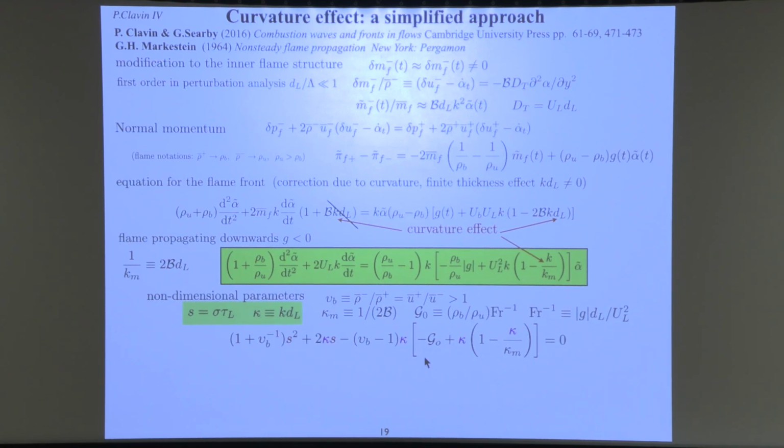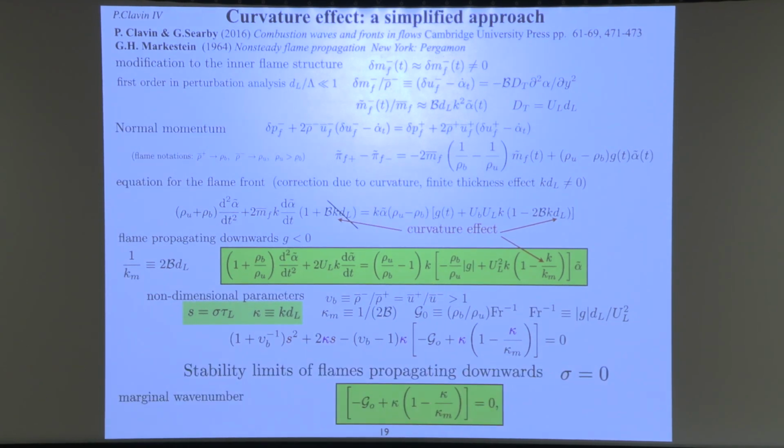That's all. Now, if you look at the stability, S is a reduced growth rate, reduced by the transit time across the flame. The transit time of a fluid particle, tau L, across the flame, is simply DL divided by UL.